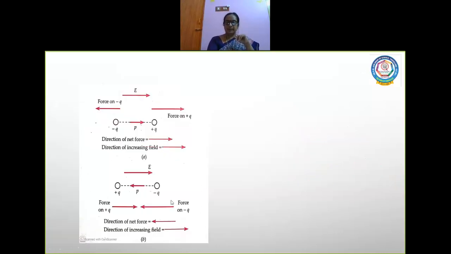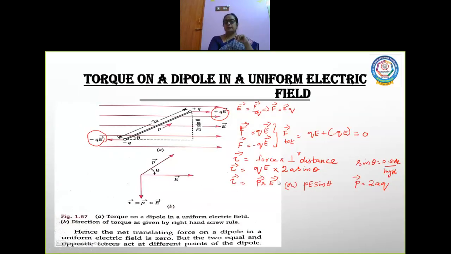In this formula, I have given you the magnitude of torque to be PE sin theta. So the torque can be maximum when theta takes the value of 90 degrees. When you substitute sin 90, the answer will be 1. So you have tau maximum when theta is 90 degrees.